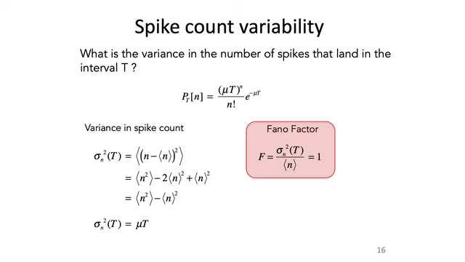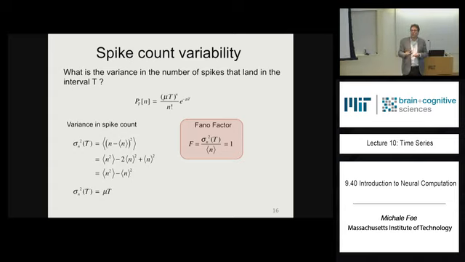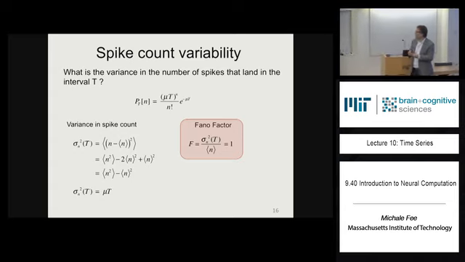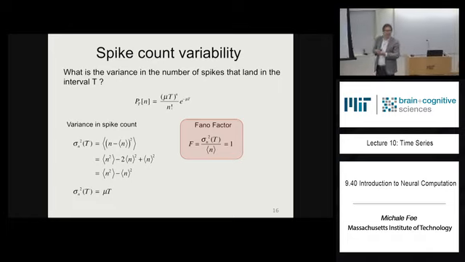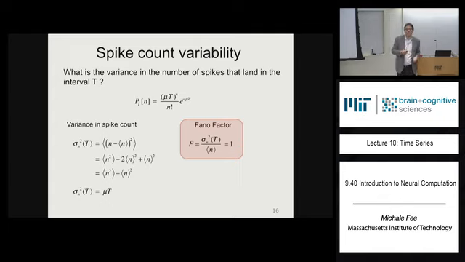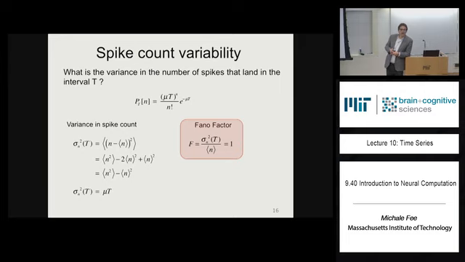So there's a quantity called the Fano factor, which is just defined as the variance of the spike count divided by the average spike count. And for a Poisson process, the Fano factor is 1. Okay? And what you find is that for neurons in cortex and other parts of the brain, the Fano factor can be quite close to 1. It's usually between 1 and 1.5 or so. Okay?